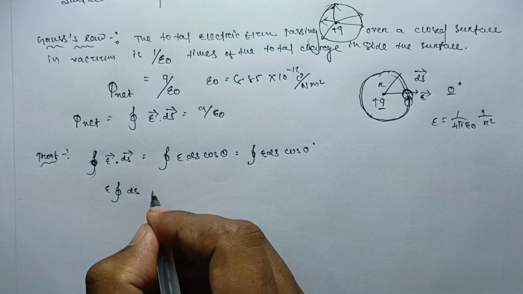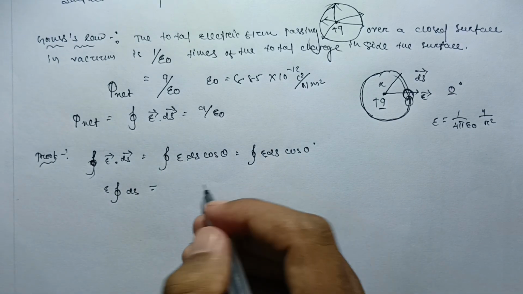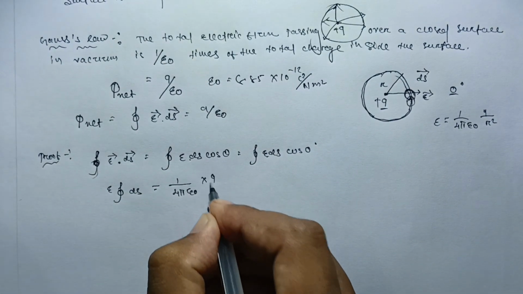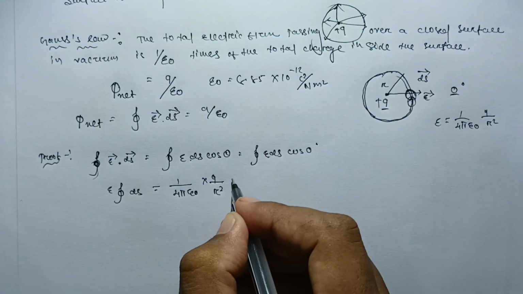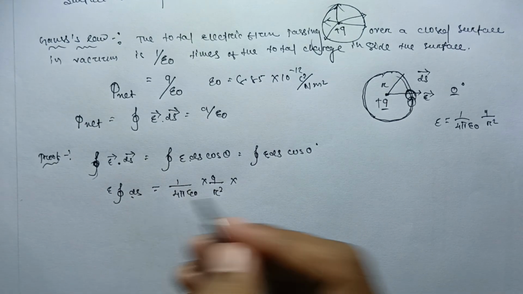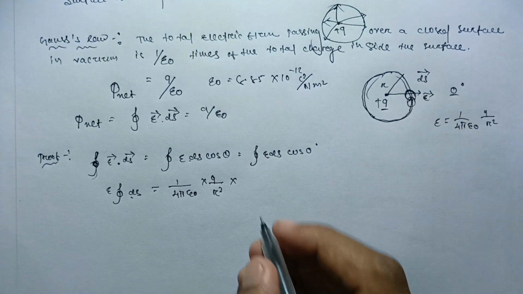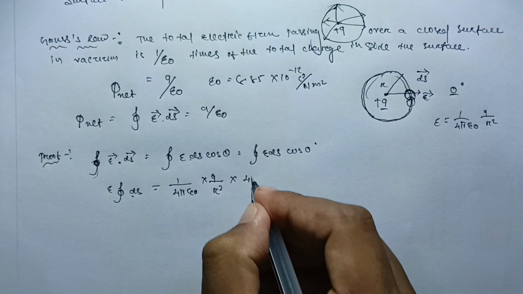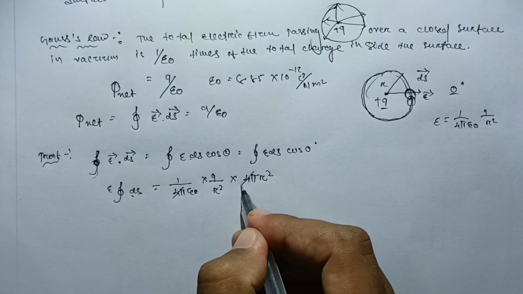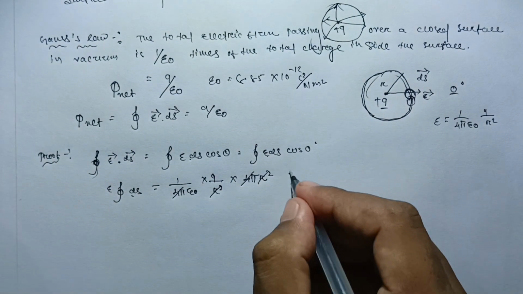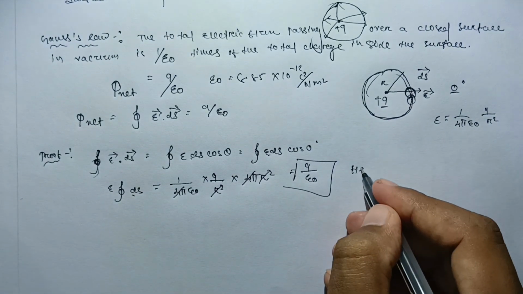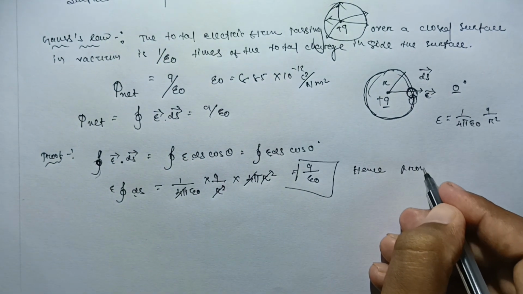Equal to the value of E, which is 1 by 4 pi epsilon naught into q by r square, into the total area of the closed surface, which will be 4 pi r square, right? So 4 pi cancels, r square cancels, we will get q by epsilon naught. Hence proved, right?